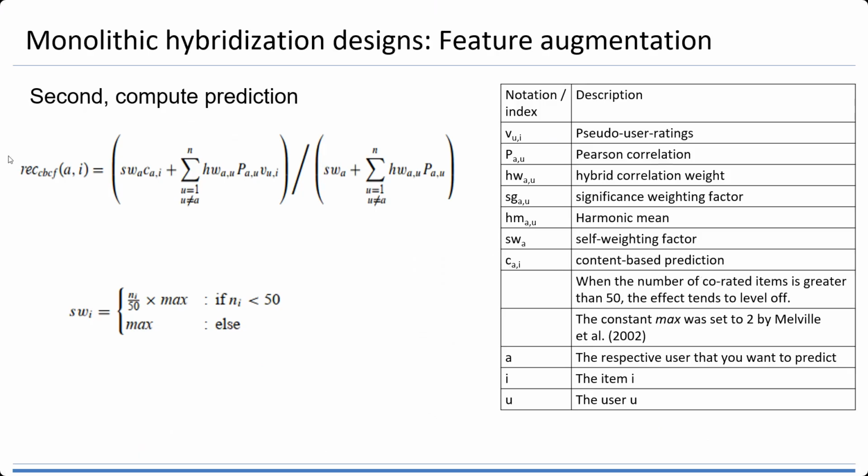In this case, the researchers assume that when the number of correlated items is greater than 50, the effect tends to level off.